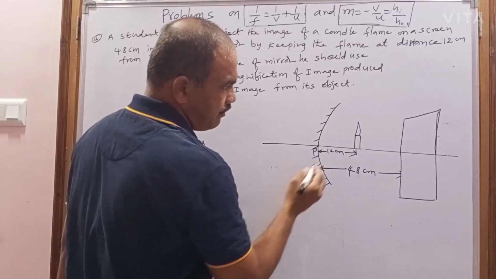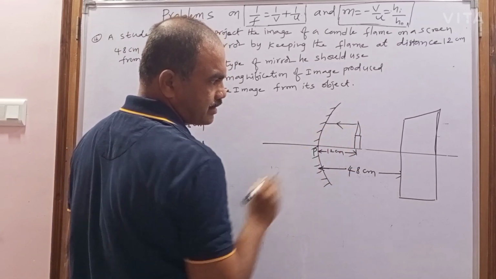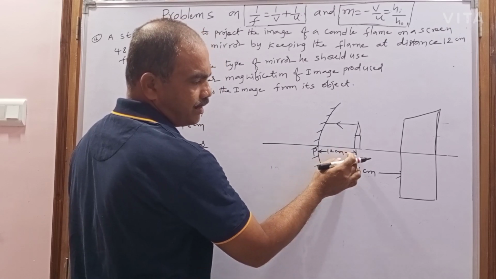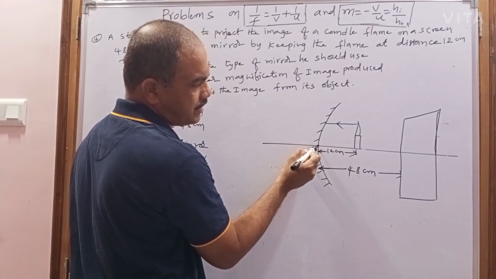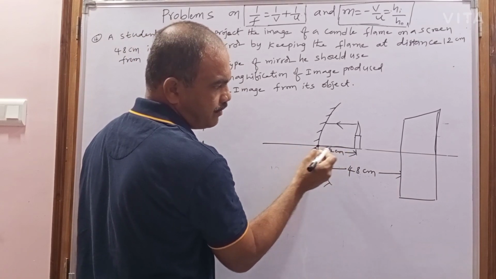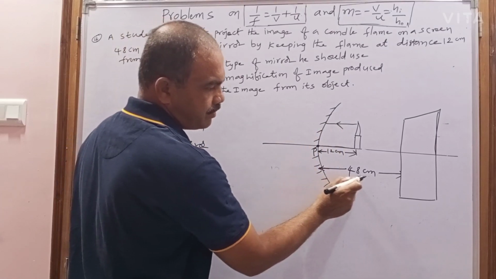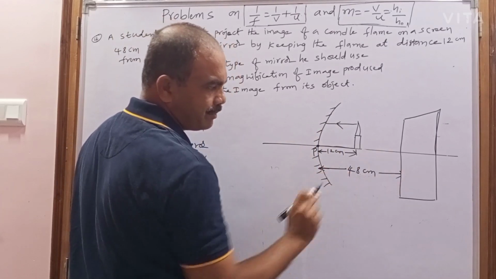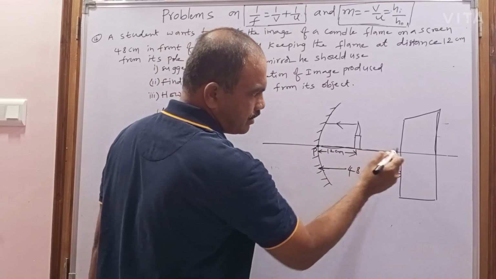So apply the sign convention. This is a candle. From the candle the incident rays are in this direction. So the object distance you have to measure from the pole. When measuring the object distance from pole to candle, in which direction are you moving? Opposite to the incident ray. And to measure the screen distance, or image distance, you also have to move in the opposite direction of the incident ray.